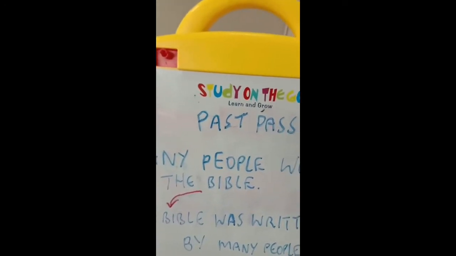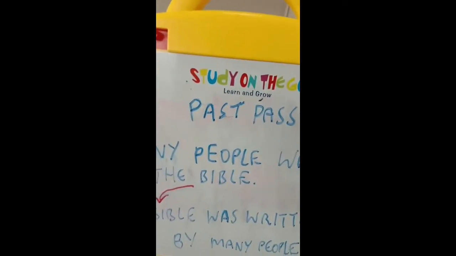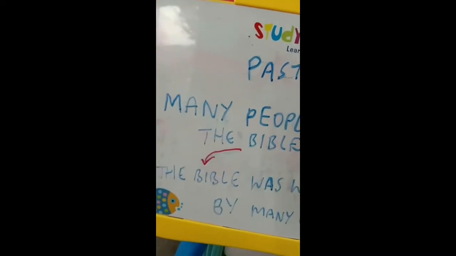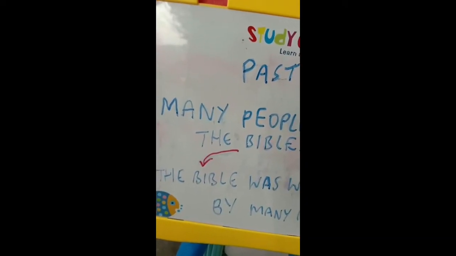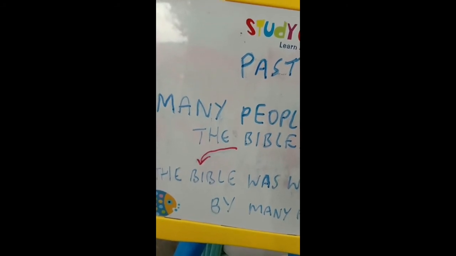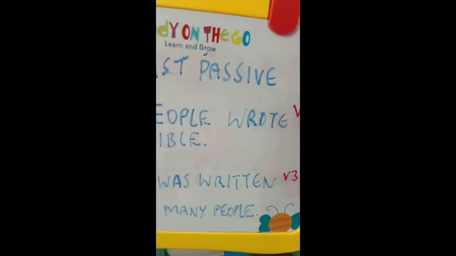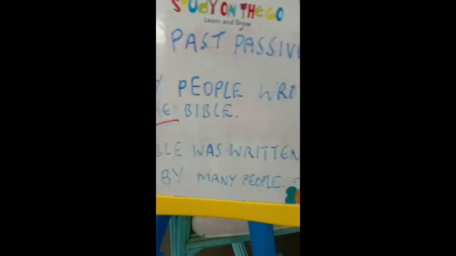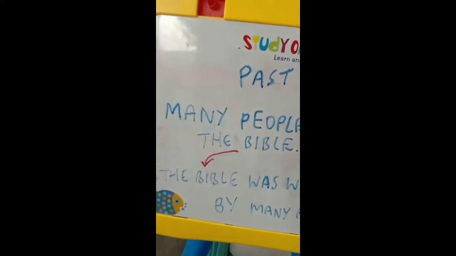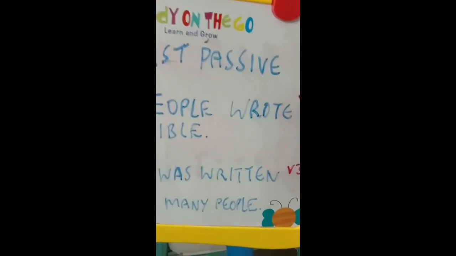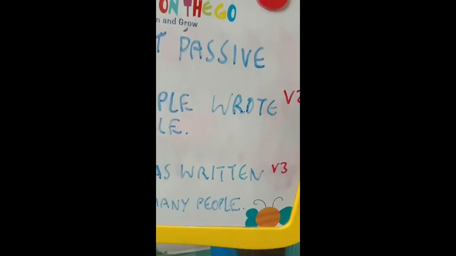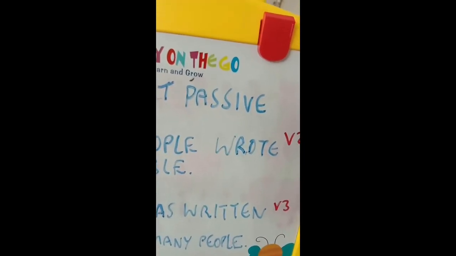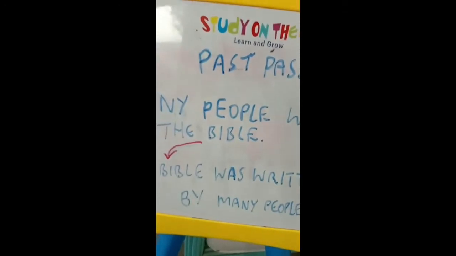Now if I want to make it passive, I put the Bible now as my subject, because maybe that should be the most important thing in my sentence. The Bible was written by many people. So I have to change the verb to the verb 3 in the passive. When I used the past active, it was verb 2.